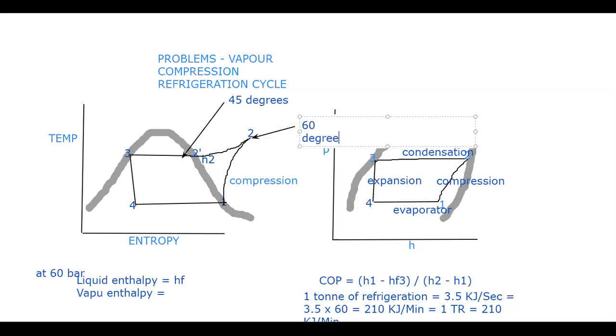Okay. So now we have a fair idea about the problem, right? So this is 45, this is 60, and what is the 10 degrees he has given? It is minus 10 degrees. Where will be the minimum temperature in the vapour compression cycle? It will be in the evaporator chamber, always that will be the minimum temperature.